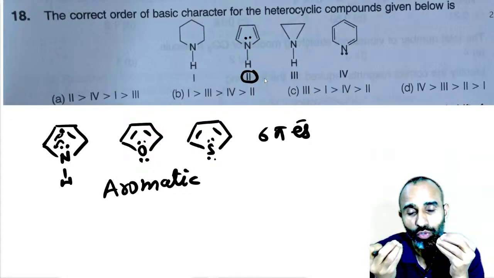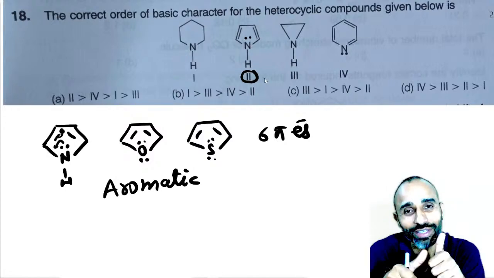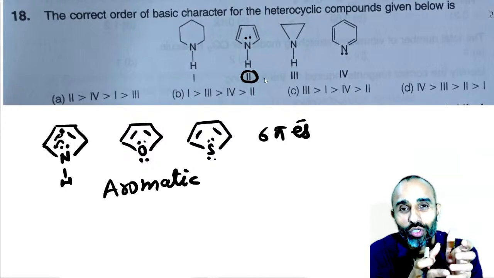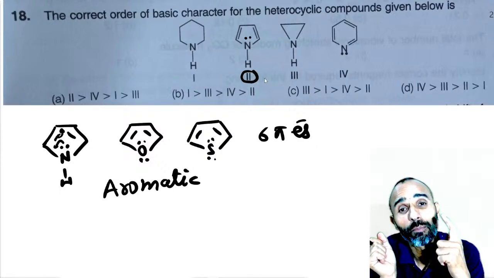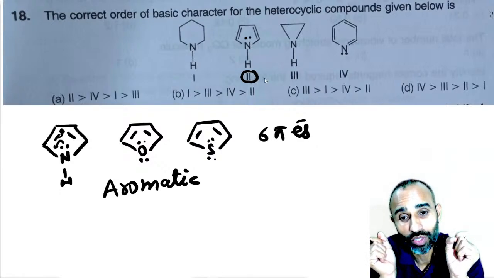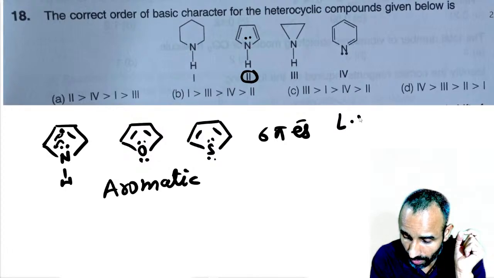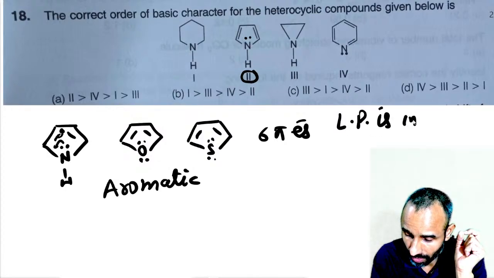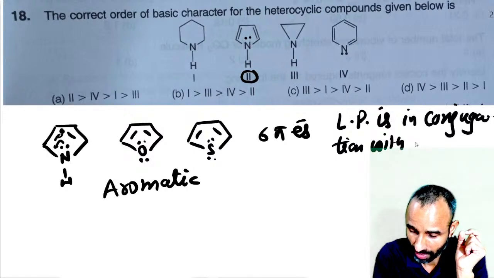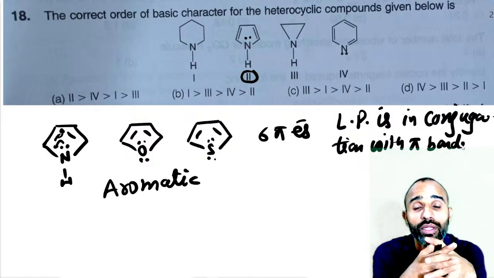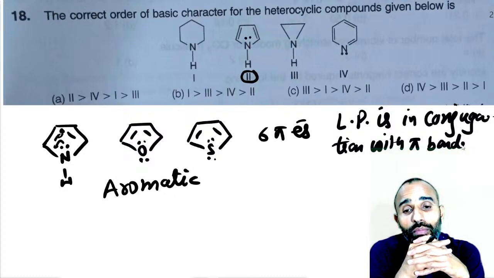Sorry, for basic character we need lone pair. It should donate lone pair, but its lone pair is a part of a pi electron cloud because lone pair is in conjugation with pi bond, and that's why lone pair is a part of pi electron cloud.